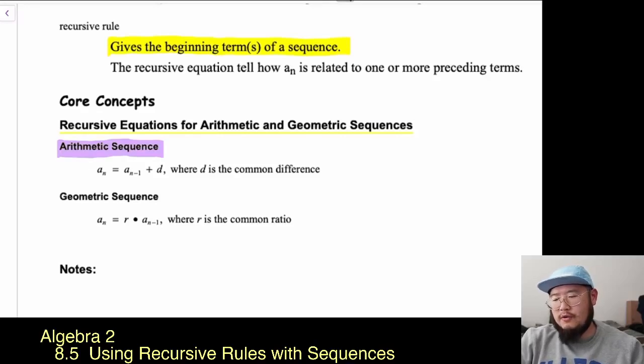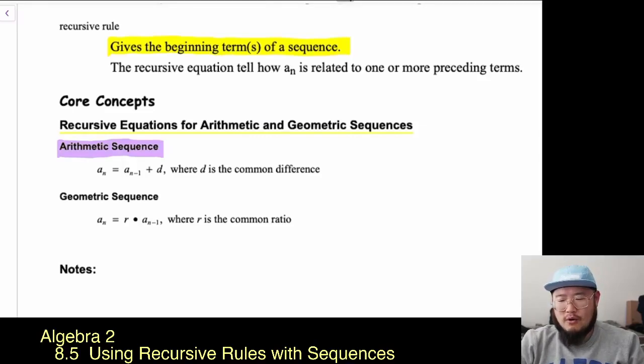Hopefully now you realize that when we talk about n minus 1 in an equation, that represents the previous term. So if you want to find the fifth term, this is saying you take the fourth term and then add the common difference to it.